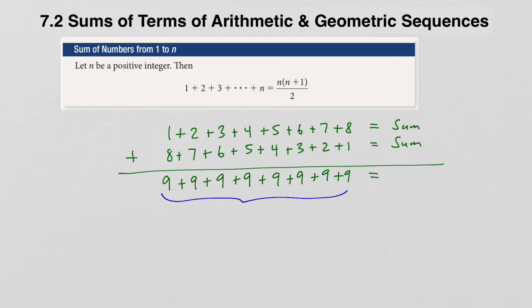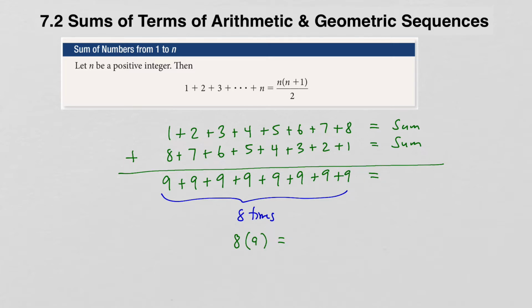Well, our original sum went from 1 to 8, so there are 8 total terms, which means we must be adding up 9 to itself 8 times. Well, 9 plus 9 plus 9, etc., 8 times is simply 8 times 9. So this sum right here is 8 multiplied by 9.